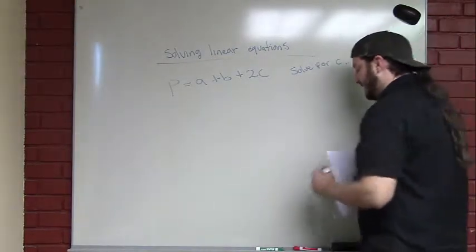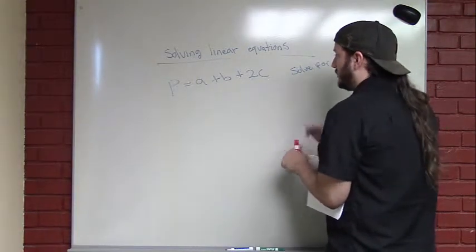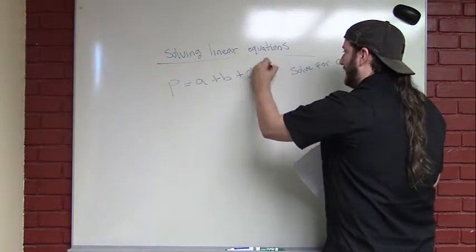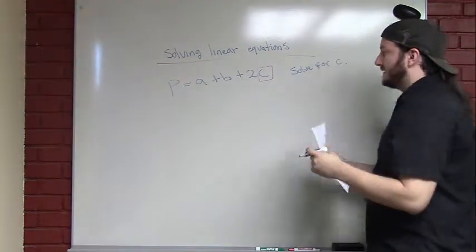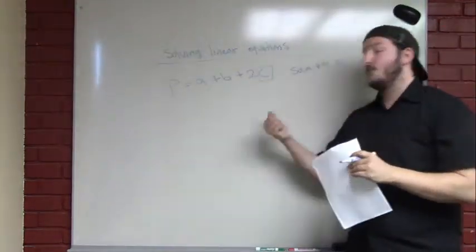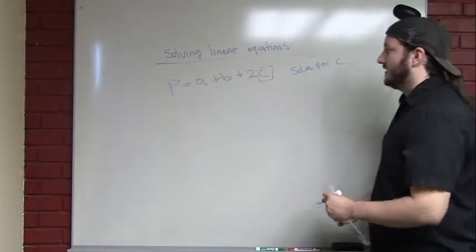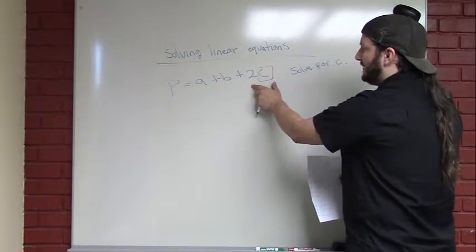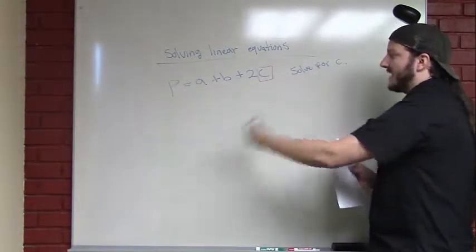We're solving for C, so again, you want to imagine an imaginary box around C, but that box is so heavy that Thor can't even pick it up, right? And he's a pretty buff guy. So that being said, you gotta move everything else away from it since this box can't move.